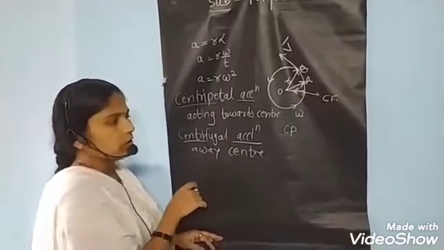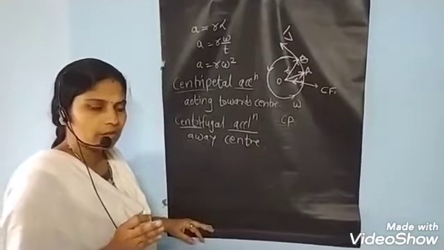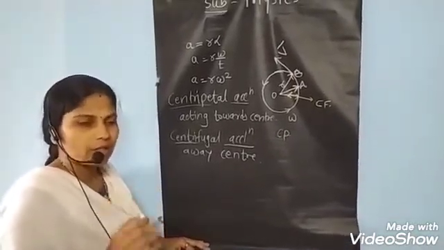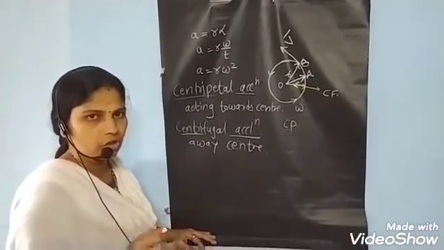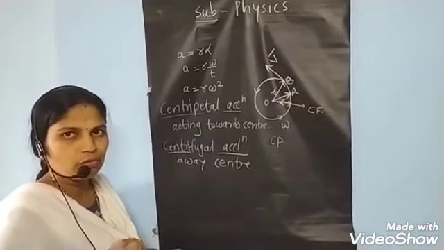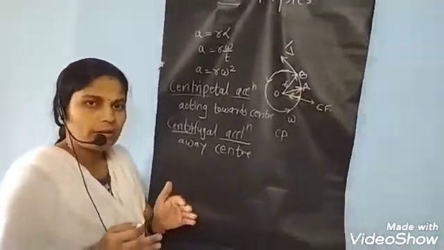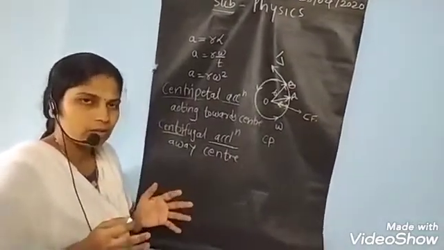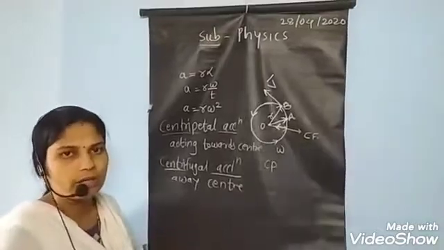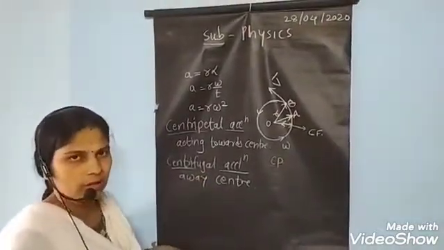Centrifugal acceleration acts as a pseudo force. We know that when a bus takes a turn along a curved road, the acceleration acting on the passenger, in the opposite direction, is called centrifugal acceleration. If the bus turns right, the passenger experiences that acceleration, which is centrifugal acceleration.